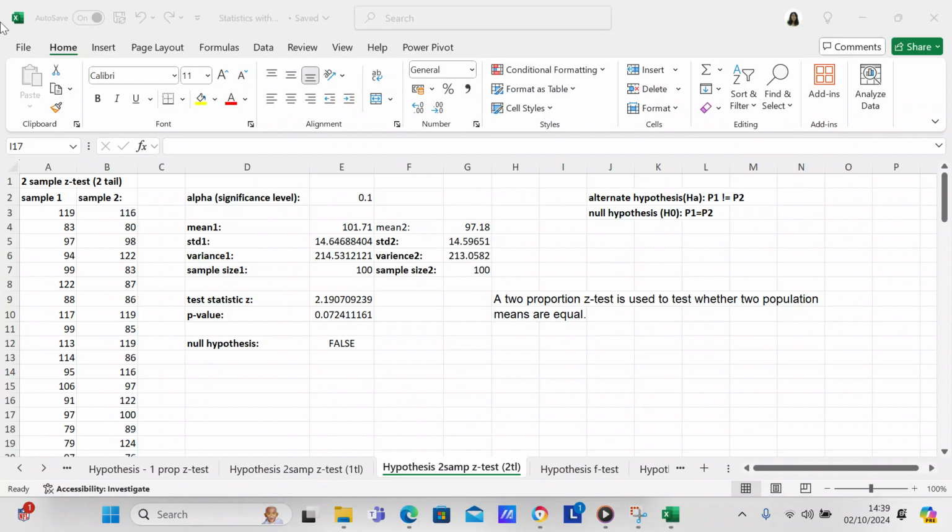So the first thing that we're going to do is get our data. We're going to use a rand between 75 and 125. That's going to give us integers between 75 and 125, and it's going to be 100 elements in this array. Then sample 2 is going to be the same, rand between 75 and 125, because we're checking the IQs of people.